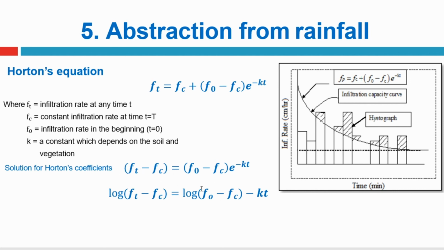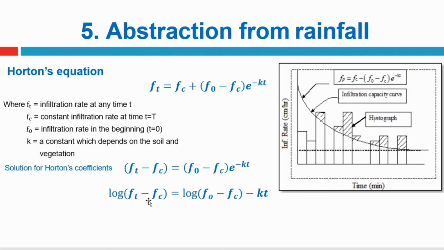See here, this is ft. I send fc to this side, and it becomes ft minus fc. So ft minus fc is equal to (f0 minus fc) into e raised to minus kt. Now this is a nonlinear equation itself. To convert this into a linear equation, I'll apply the log on both sides. It becomes log of (ft minus fc) is equal to log of (f0 minus fc) minus k into t.